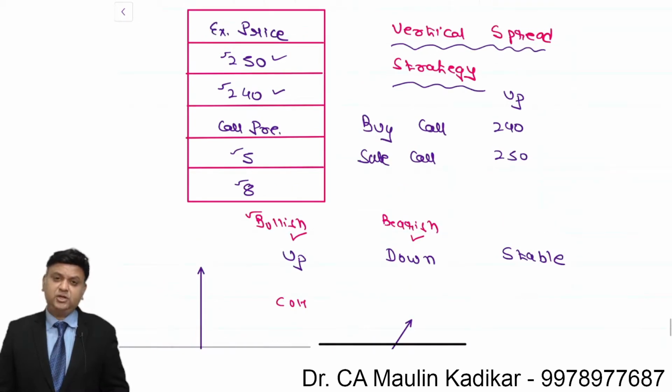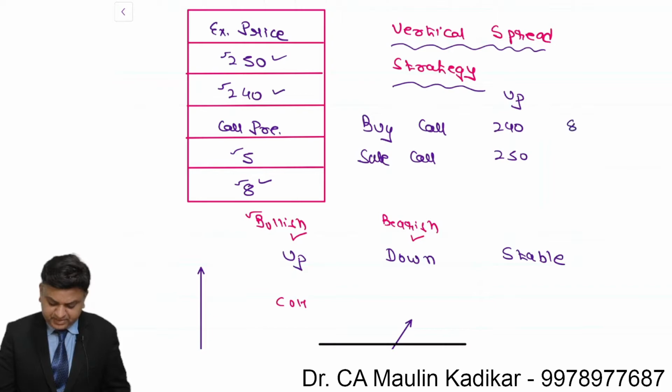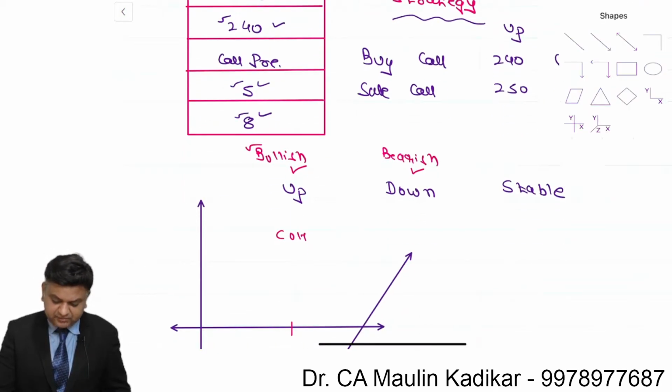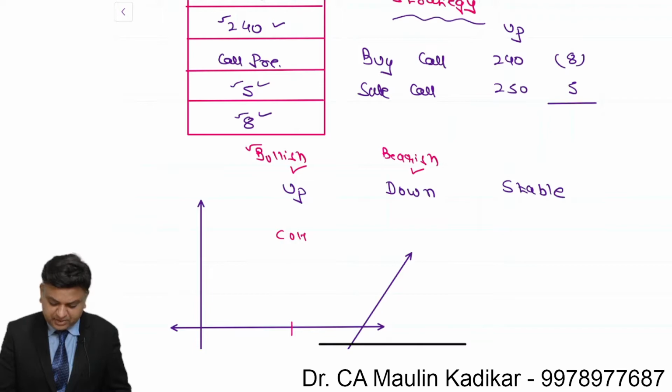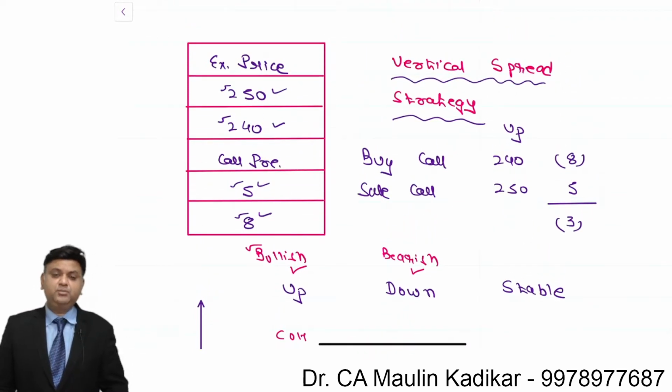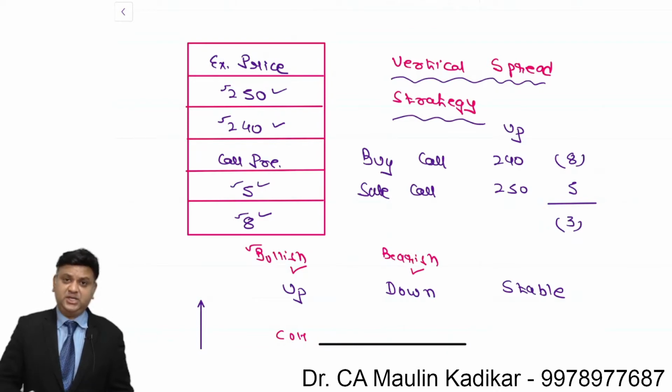When you purchase the call option having lower exercise price, you have to pay more amount of premium, that is 8, and you will receive the lower amount of premium, that is 5. So initially you are required to make payment of the premium of rupees 3 when you form the bullish vertical spread strategy, in this example.